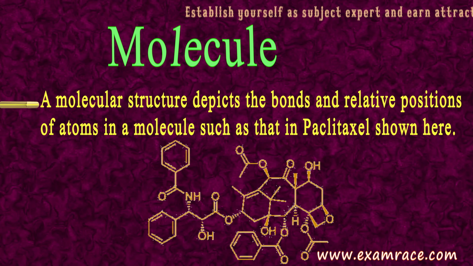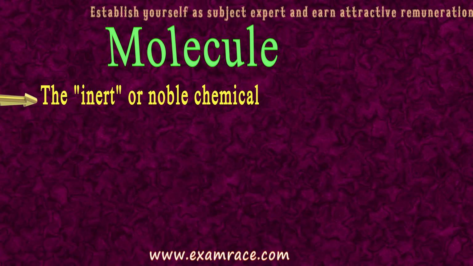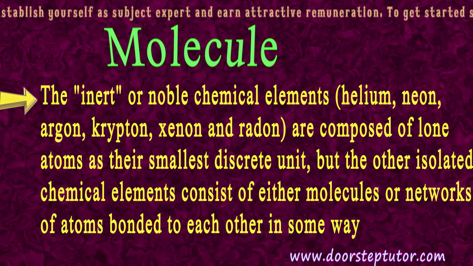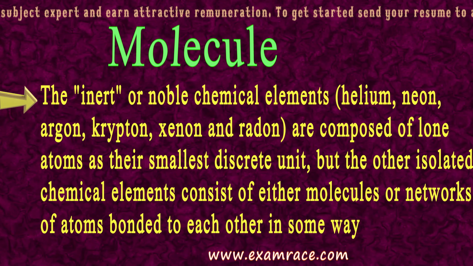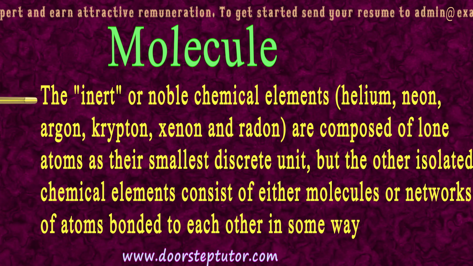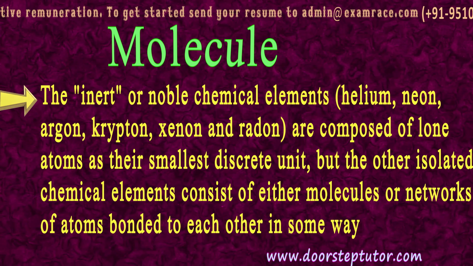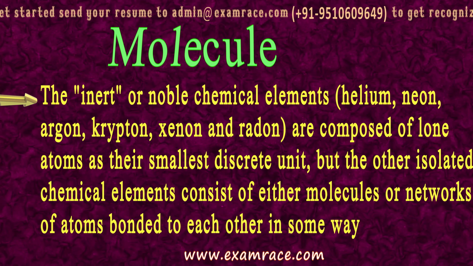Now let's talk about the inert elements. The inert, or we can say the noble chemical elements such as helium, neon, argon, krypton, xenon, radon, are composed of a lone atom as their smallest discrete unit. But the other isolated chemical elements consist of either molecules or networks of atoms bonded to each other.